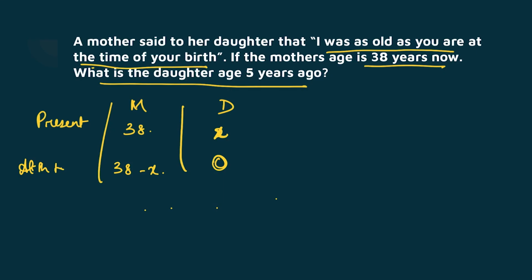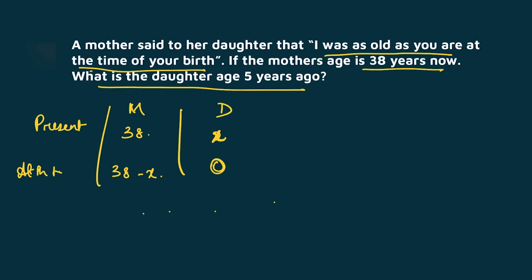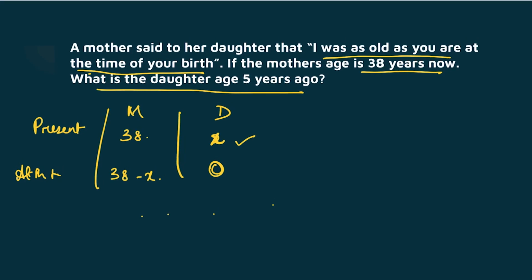What is the daughter's age 5 years ago? This is the present age of the daughter, and this was the age of the mother at the time of the daughter's birth, and she said that I was as old as you are at the time of your birth. So 38 minus x is the age of the mother at the time of her daughter's birth, and the age of the daughter is x.